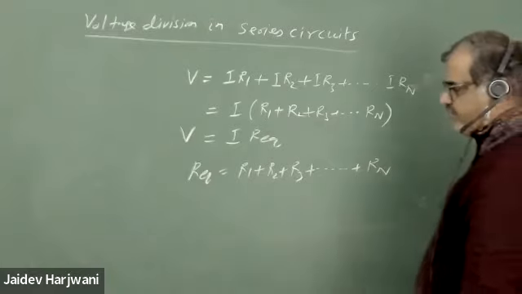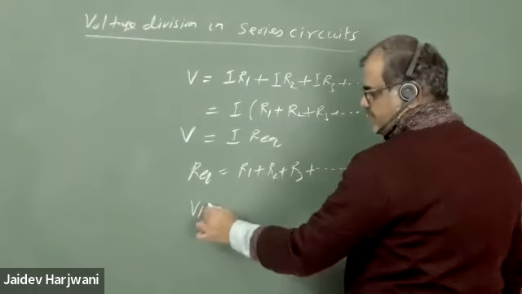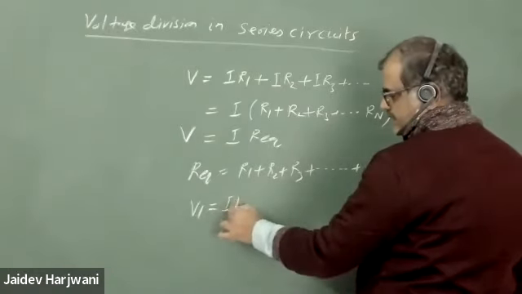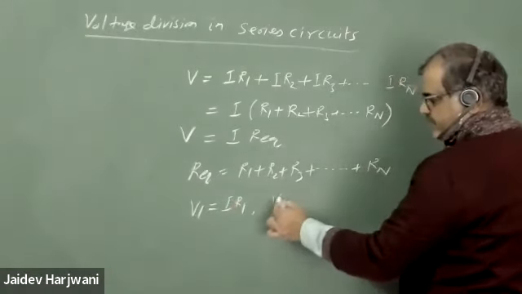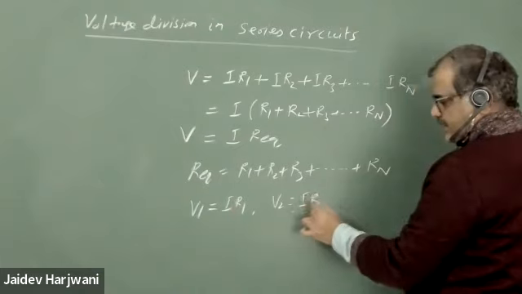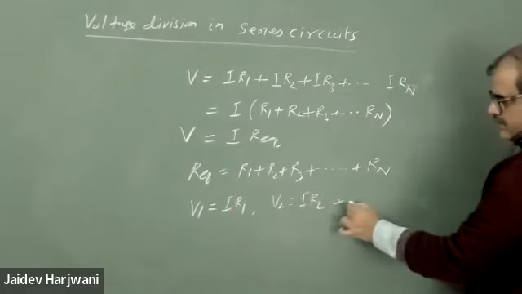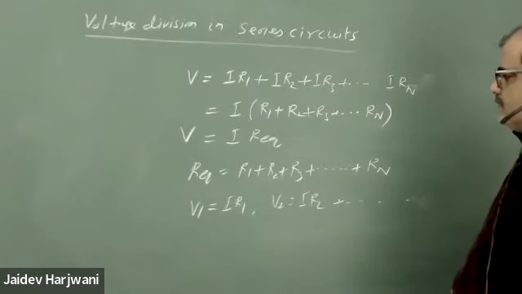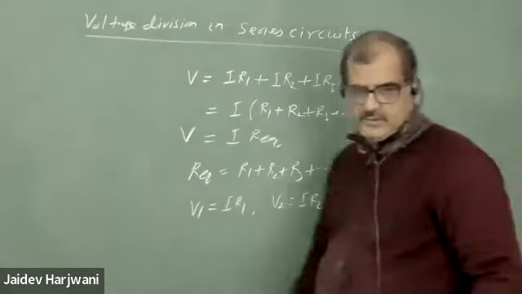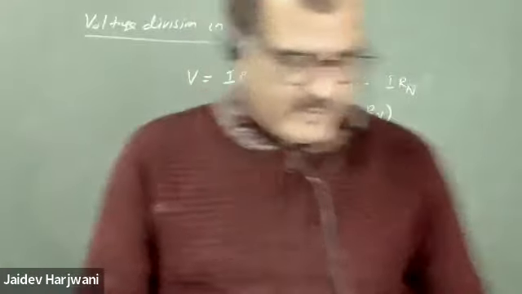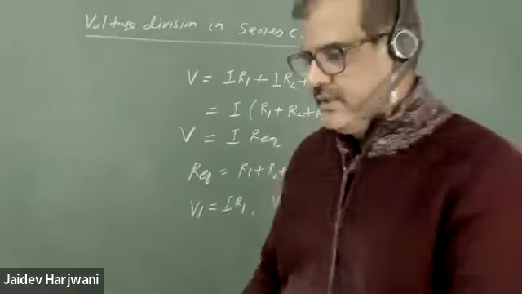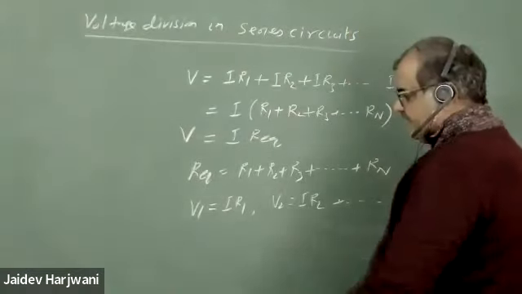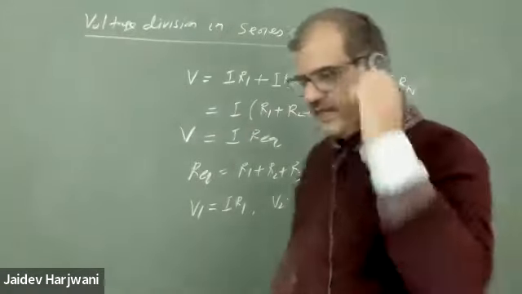And suppose we want to find V1, so V1 will be I R1, V2 will be I R2, and so on. It's simple. So how can you find I here?